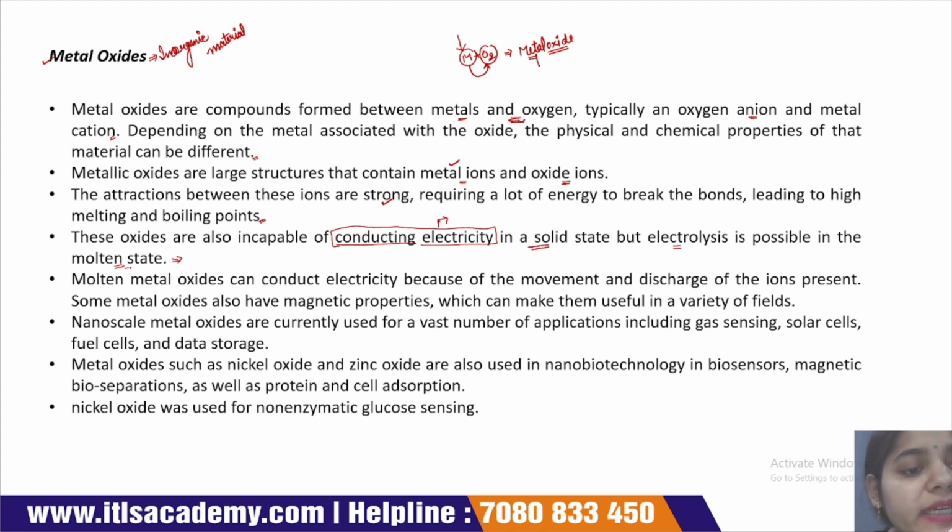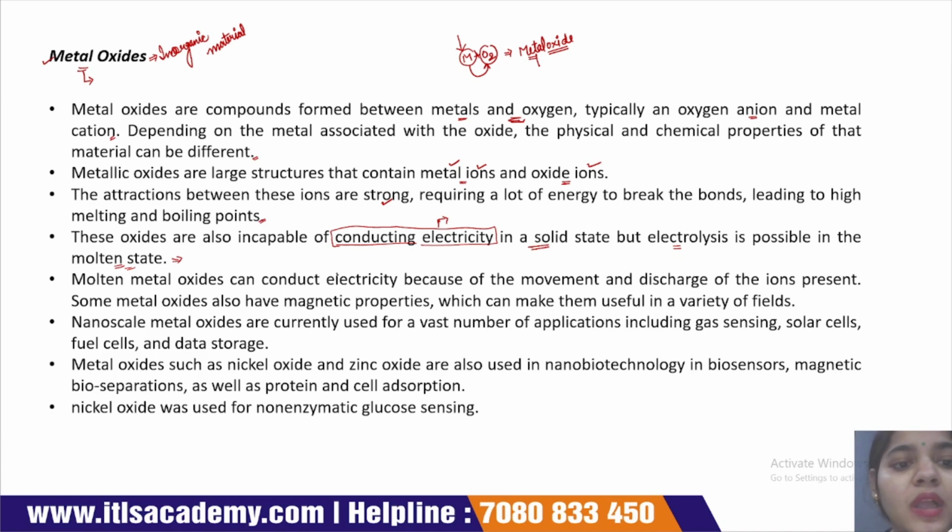In the molten state, metal oxides conduct electricity because they contain both positive ions and negative ions. That's why in the liquid or molten state the metal oxide acts as a conducting element. That's why metal oxides have a lot of applications in the electronic field.